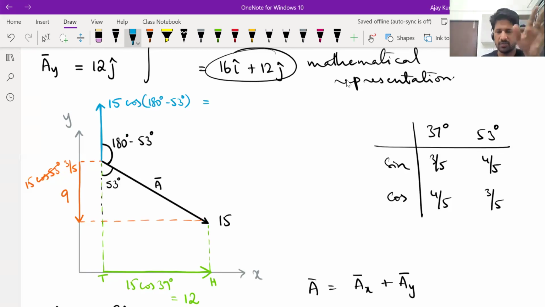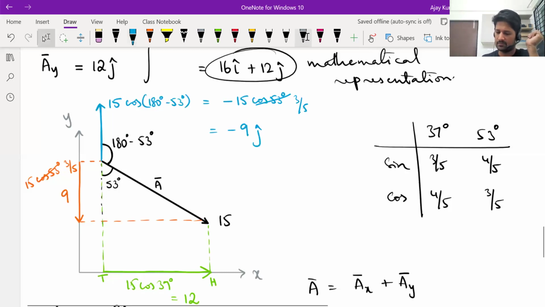Some of you may not be knowing, but it is like that. You learn in mathematics. So this becomes minus 15 cos 53 degrees. Cos 53 degrees being 3 by 5, this becomes minus 9. So its component downward is 9, its component upward is minus 9. And upward direction is j cap. So you can write it as minus 9 j cap. Whichever way you do, the final answer will be the same. Fine.